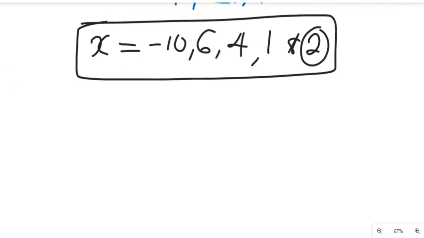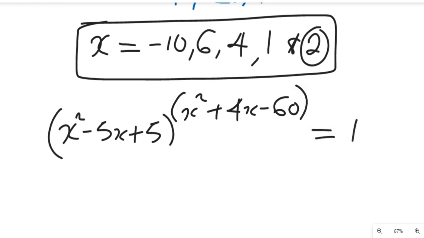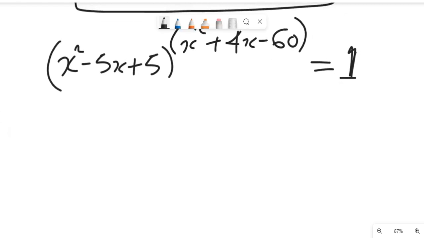Now, if we check, remember our initial equation, we are given that x squared minus 5x plus 5 all to the power of x squared plus 4x minus 60 should be equal to 1. Now let's try this with the value of x equal to 2.